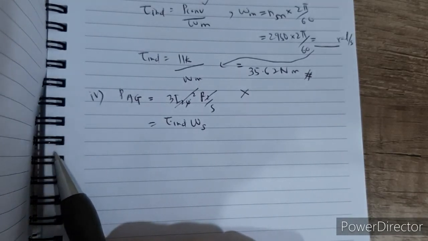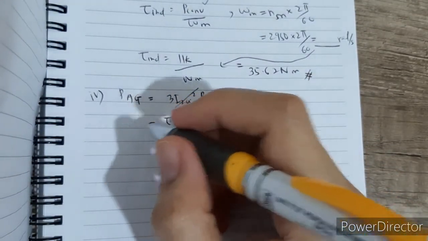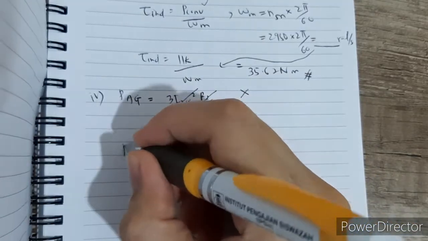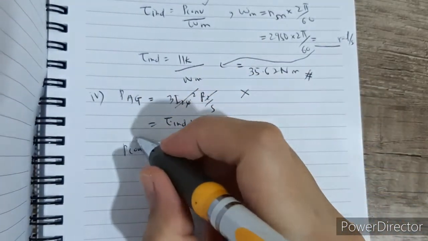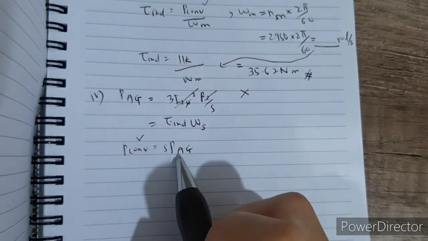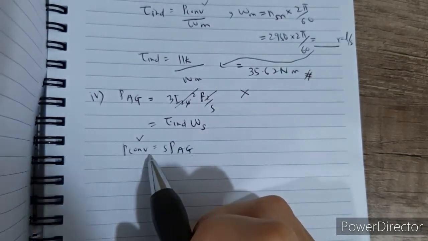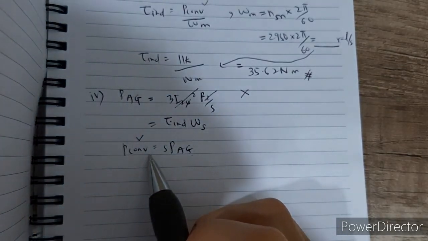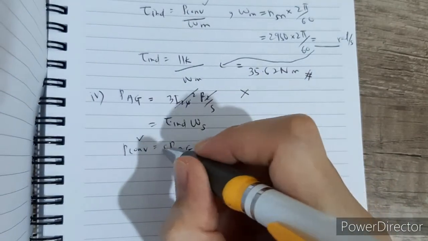Another formula: we know that P converted equals S P air gap. So since we already have P converted, we can also find P air gap using P converted over S. Sorry, P converted is not equal to S P air gap.